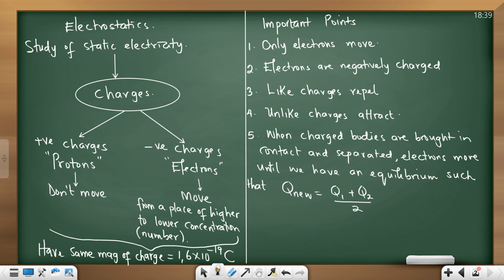And if it's 3 of them, we have Q1 plus Q2 plus Q3 over 3. If you remember that. So we know that electrons move from where they are more to where they are less.